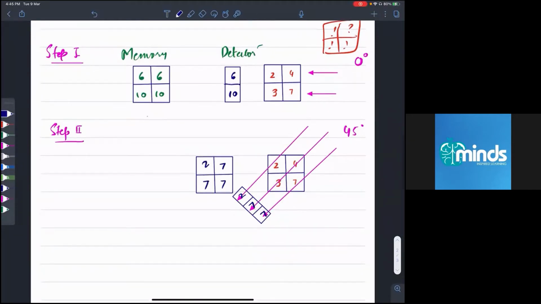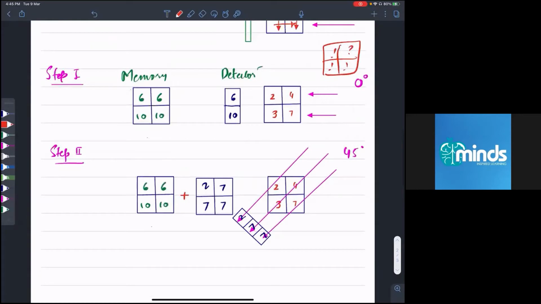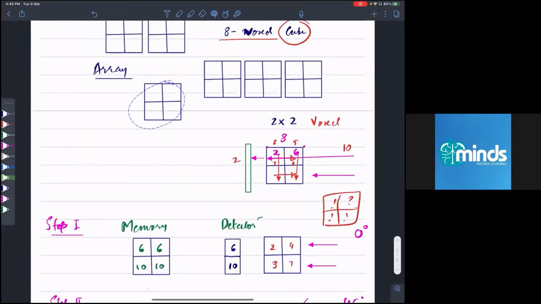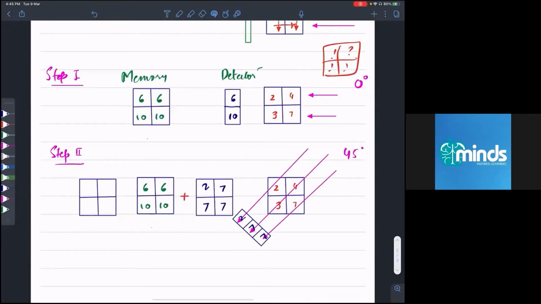Now, what it has in memory was actually this cell. So what computer will do? Computer will add them, and we will be able to get a new voxel, something like this.